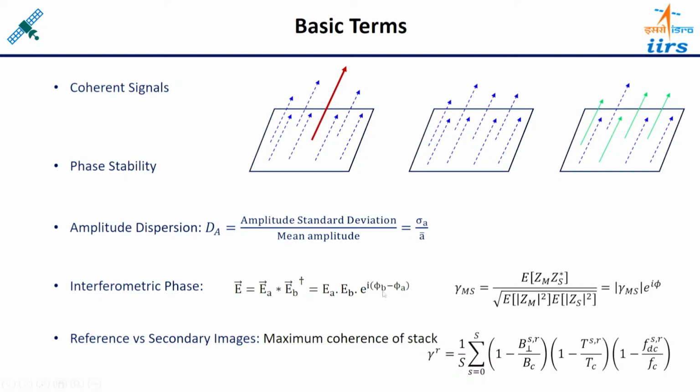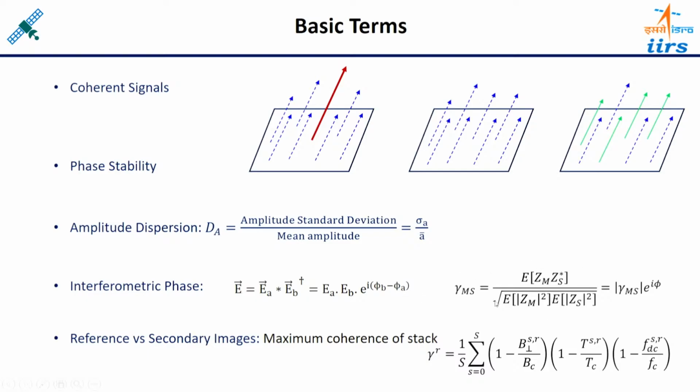This phase difference we are getting is phi B minus phi A. Phi B means the phase of the second signal, minus phi A means the phase of the first signal. This is nothing but the simple phase difference of both the signals. So phi B minus phi A is called the interferometric phase, which we generally represent as delta phi. So delta phi equal to phi B minus phi A is the interferometric phase, and the graph of this one is called the interferogram.